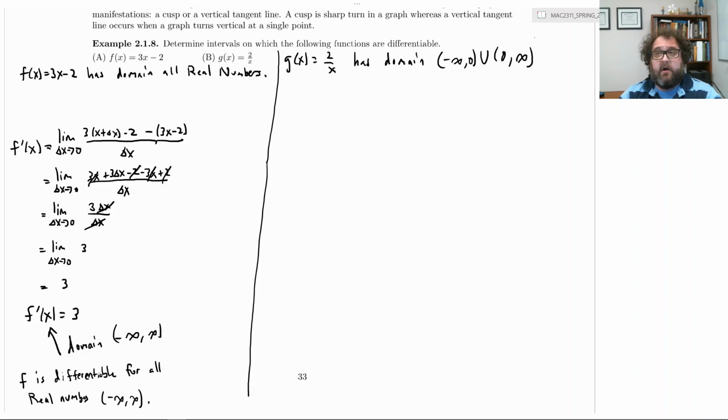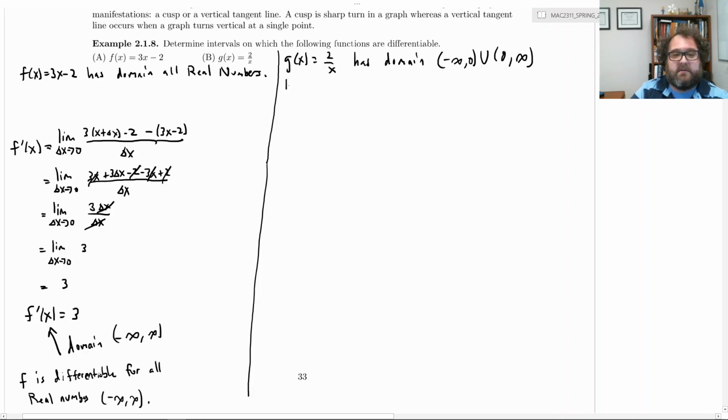Now it's not guaranteed that the derivative has the same domain, so let's find the derivative and see what's going on. Since we used the regular limit definition for the previous example, let's use the alternative limit definition here. What does the alternative limit definition say?